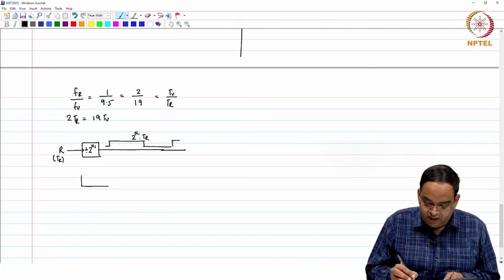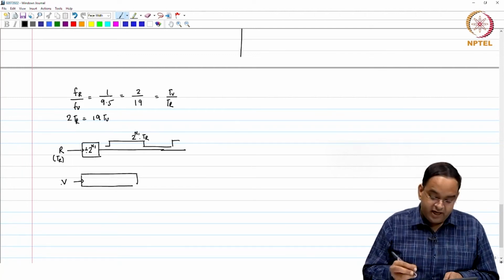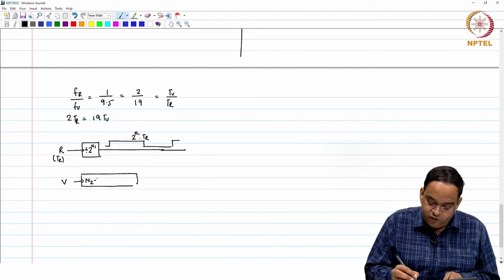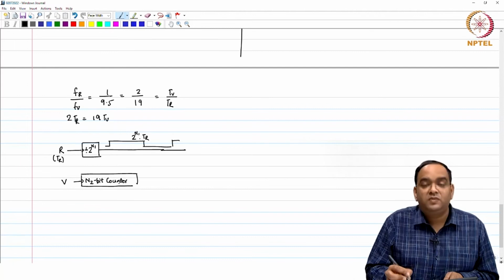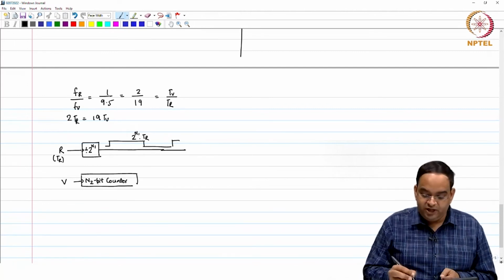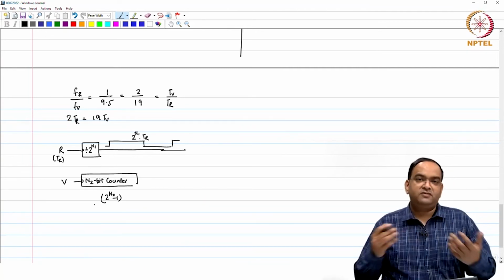Then you take a counter. Here you are counting the V signal and you make it an n2 bit counter. What does an n2 bit counter mean? The maximum count value you are going to have here is 2 power n2 minus 1. That is the maximum counting.